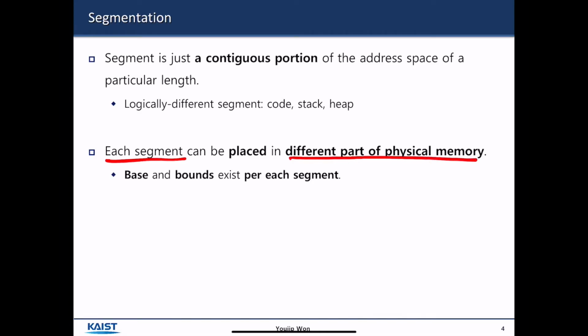So it's very similar to the concept where base and bounds exist per segment. If the hardware allows 3 different segments, such as code, stack, and heap, then the hardware should provide 3 pairs of base and bound registers.